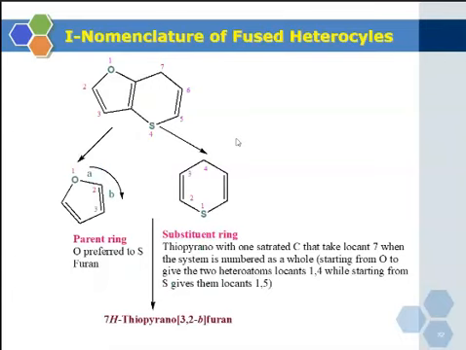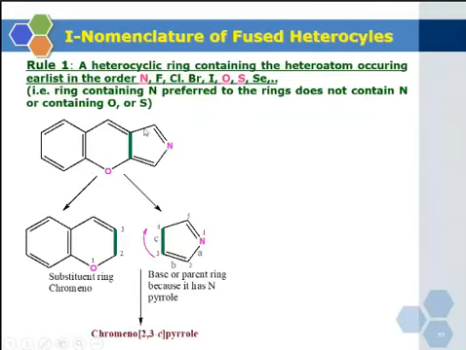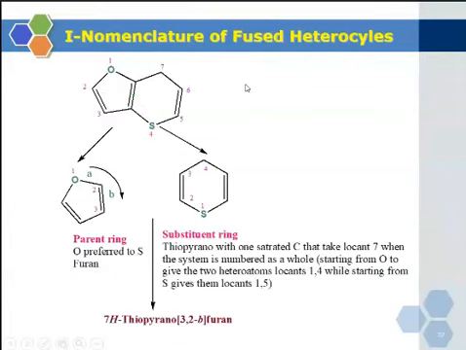So in this ring structure, you observe oxygen has got higher priority as compared to sulfur. So in this fused ring structure, this oxygen bearing ring will become the parent ring and the sulfur bearing ring is considered as the substituent ring because O is preferred over sulfur in the priority list.